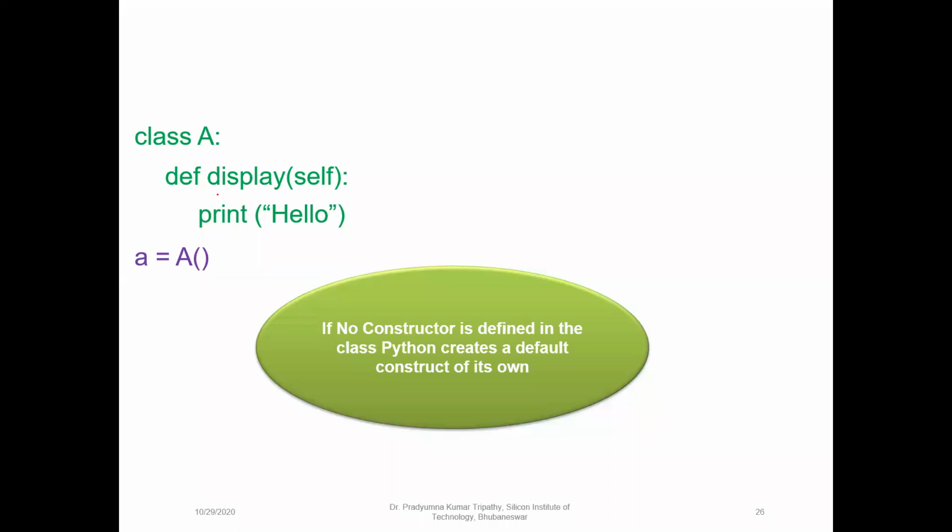But something like roll number, name, and mark might be used throughout your program, in many methods. That is actually a variable for the class, required for every object. So any variable which is required for every object must be declared inside the init. Yes, sir. Got it.